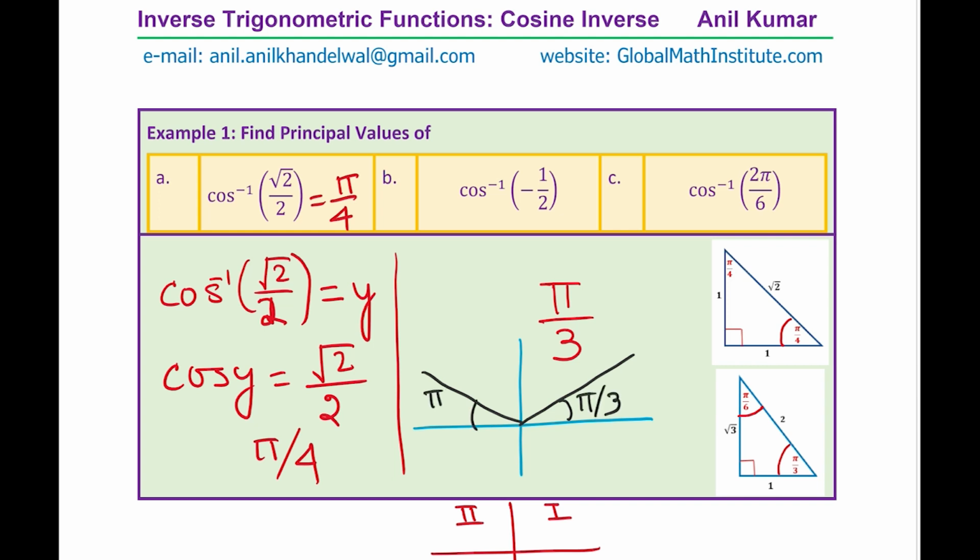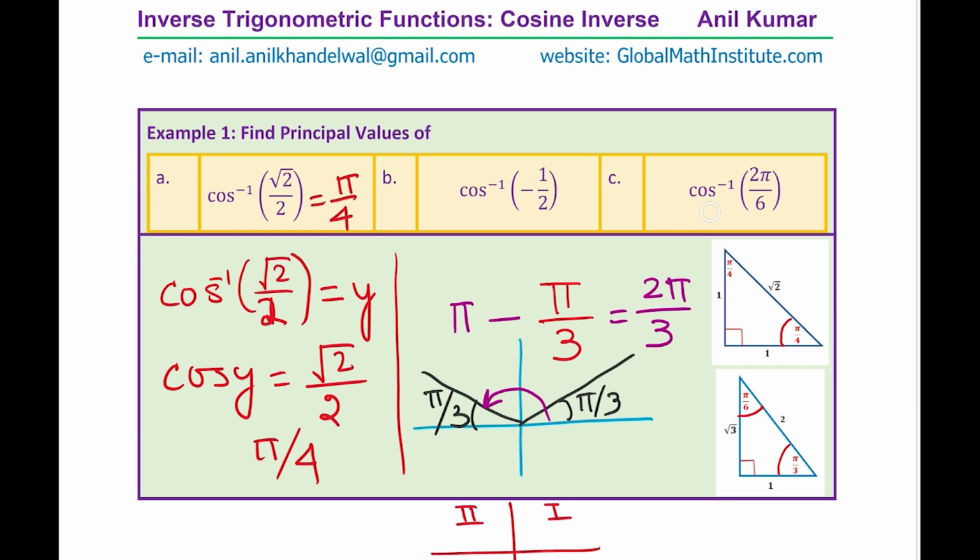So what is the principal angle which will give you cos inverse of minus half? Well, clearly the principal angle is pi minus pi by 3. You get the idea, right? So the answer is pi minus pi by 3, which gives you 3 minus 1 as 2 pi by 3. Is that clear? That is how you're going to find the solution.